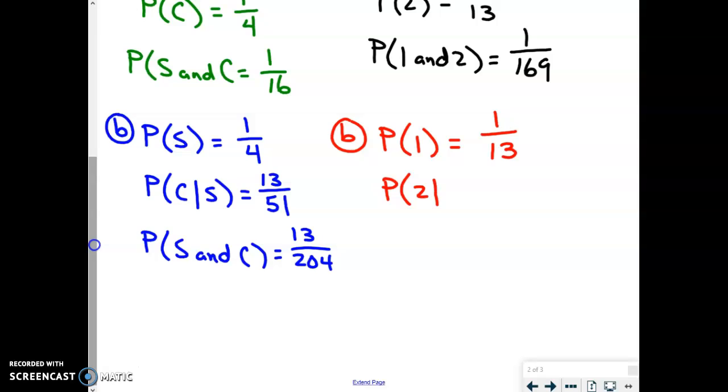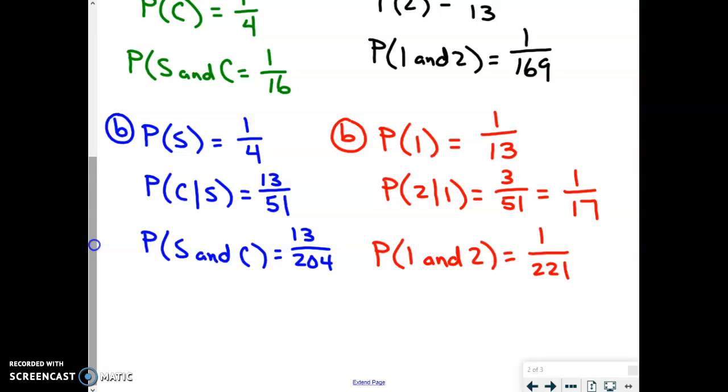So 2 given 1 would now be equal to 3 out of 51, or 1/17. So now if we multiply those two probabilities together, then the probability of 1 jack and then a second jack would be equal to 1 over 221.